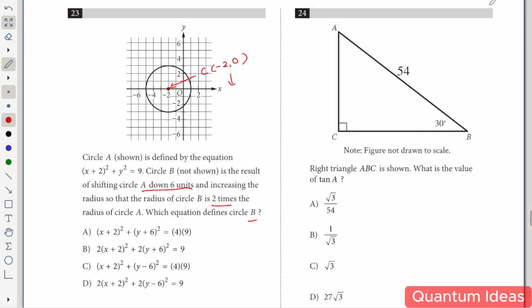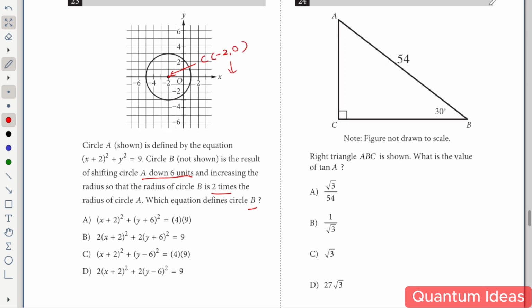Now let's shift it by 6 units to find the center of circle B. To do shifting, down means you have to apply this on the y coordinate of the center, so that is minus 6. Down means minus, right? So 0 minus 6 will be minus 6. If you are confused with this, you can check my video on graph transformations. So this is the center of the new circle.